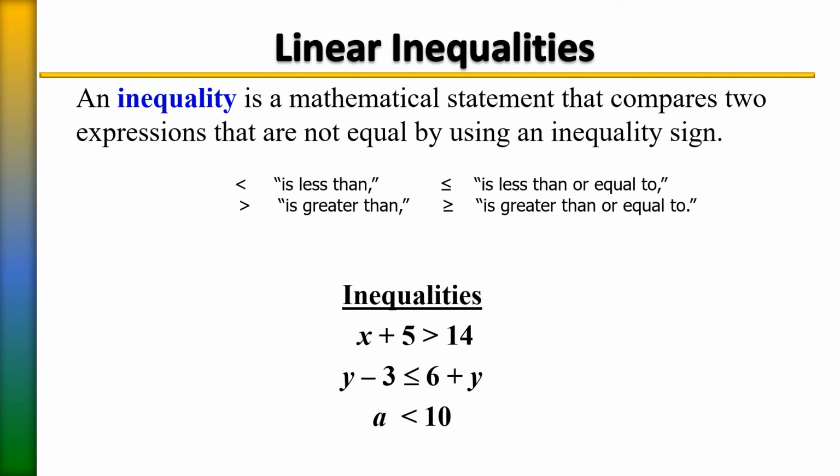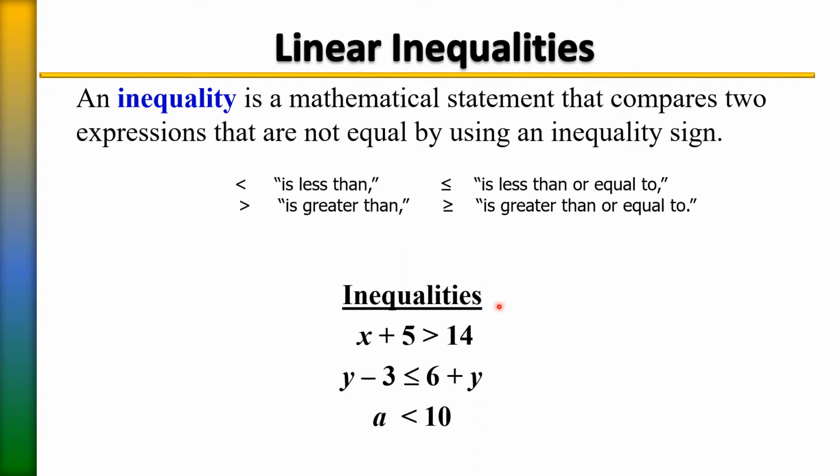The other thing to remember when you're dealing with less than or greater than is that it means an open circle, which means it will not include the number. When you have that or equal to attached to it, then that means it does include the number, which means you would have a shaded or closed circle.